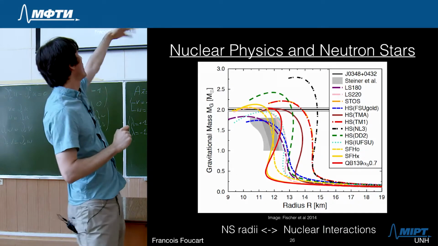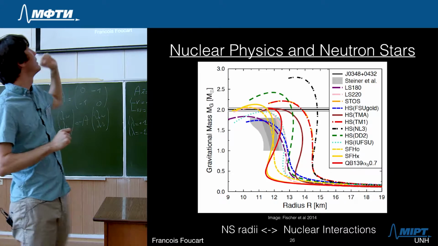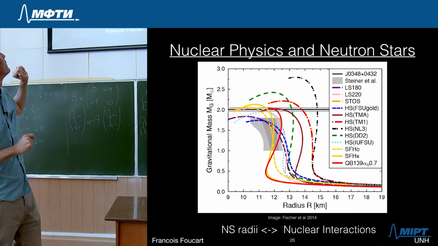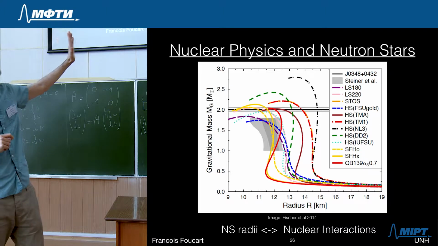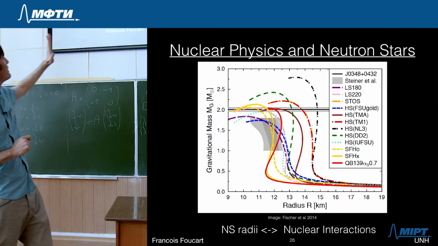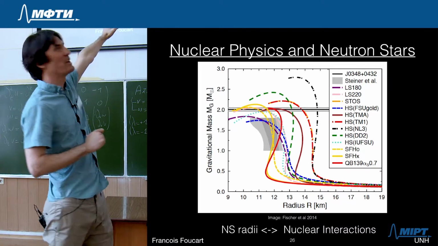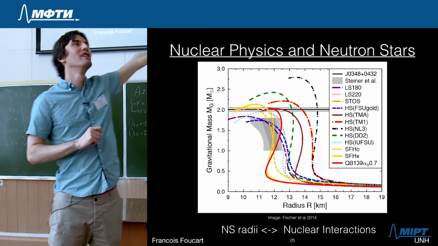You can see here quite a few different existing models for neutron star matter. You will see that most of those models which come from nuclear physics are above maybe 11.5 kilometers for realistic neutron star masses.